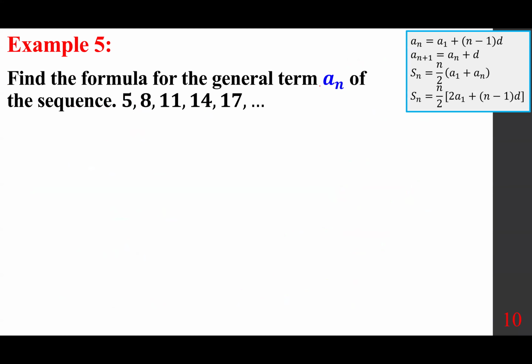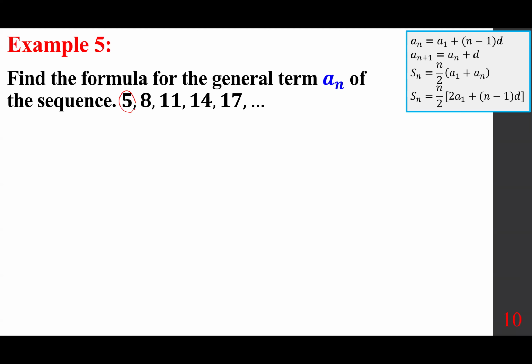Find the formula for the general term a sub n of this sequence. Well, what type of sequence do we have?